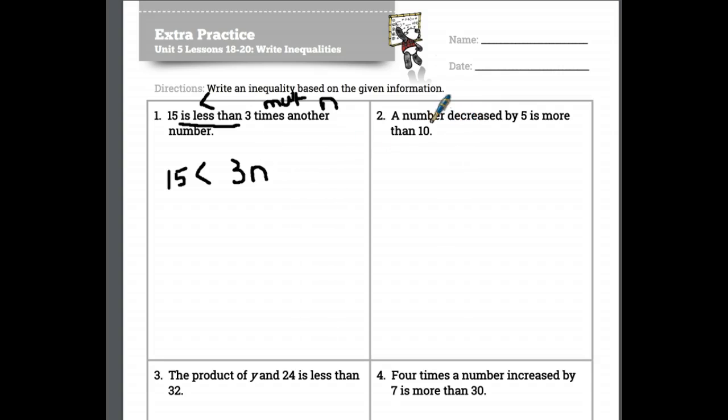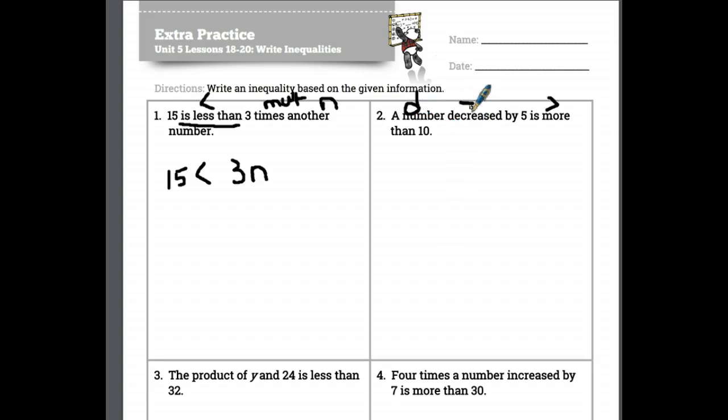Looking at the second one, a number. We don't know what that number is. I'm going to call this one D. A number D decreased by 5 is more than, now my more than symbol, is more than 10.